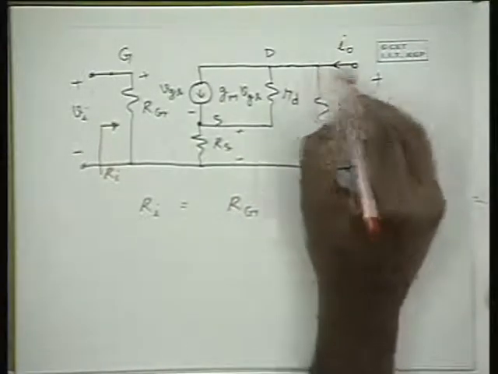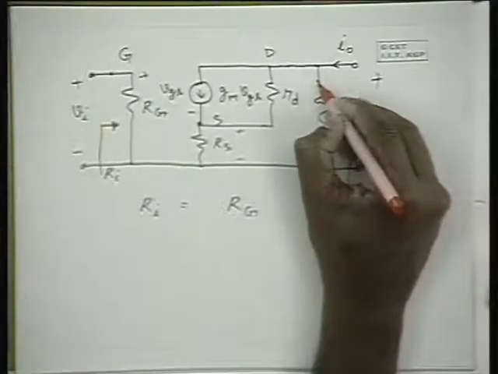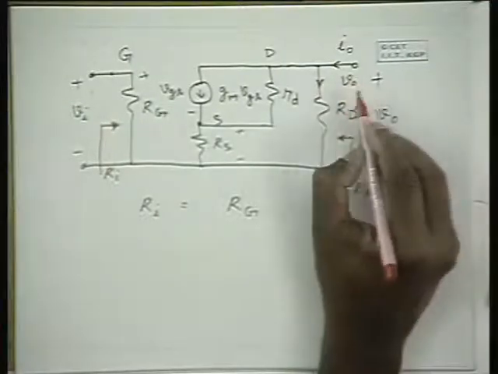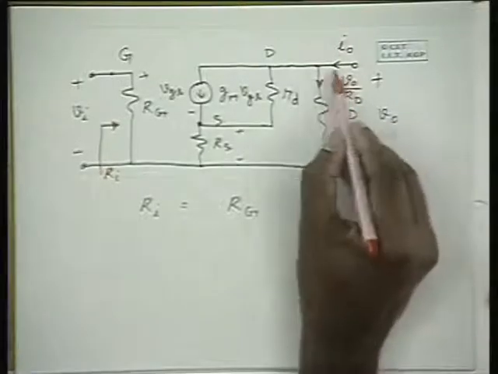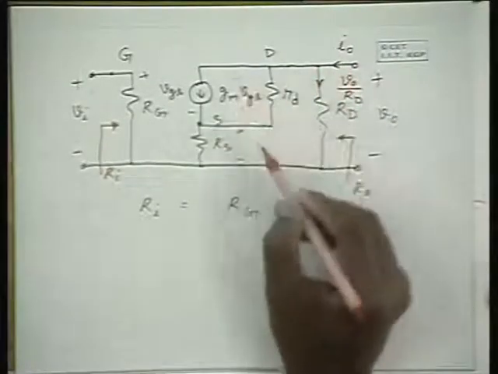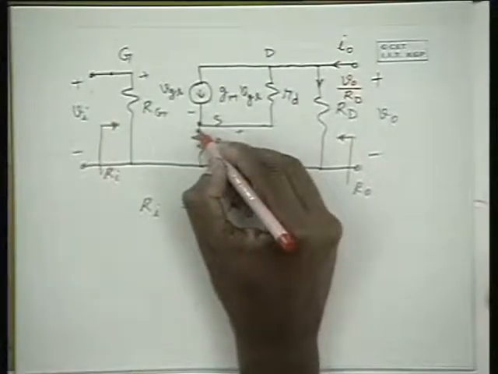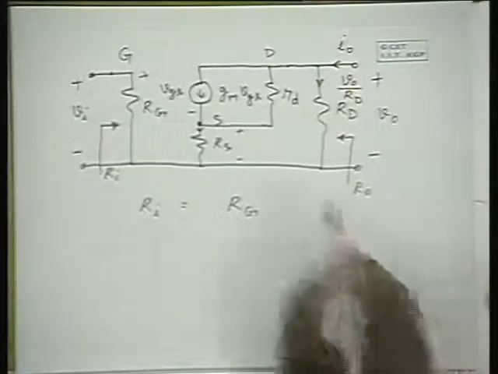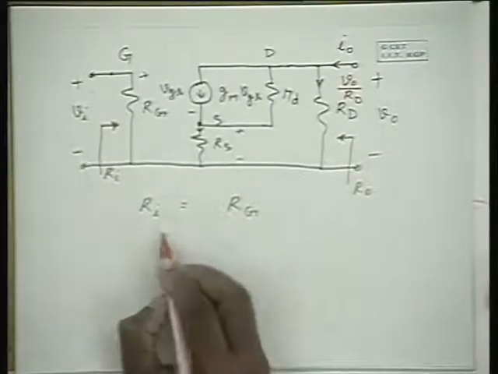Now out of Io, the current that flows through capital RD is Vo by RD, and whatever is this Io, the same Io flows through this resistance RS also. So how much is the voltage drop across RS?